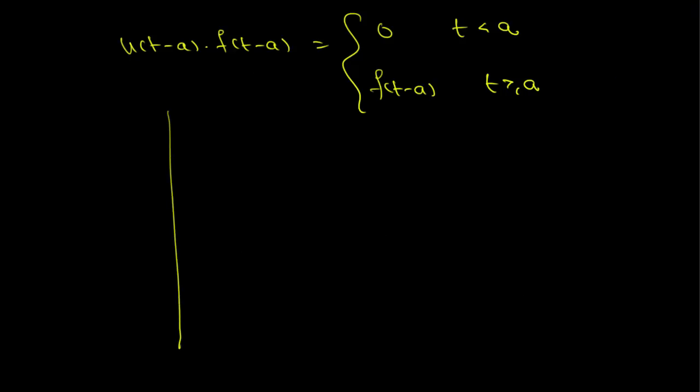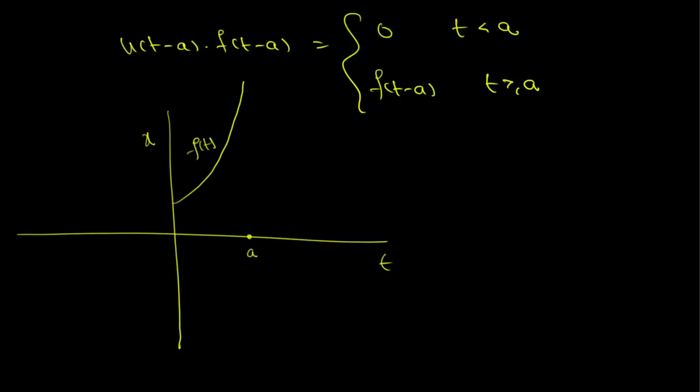Suppose the graph of f(t) for t greater than 0 is given to be this. Say this is the x-axis and this is the t-axis, and suppose this is a. The graph of u(t minus a) multiplied with f(t minus a) is the translation of this function f by a distance.